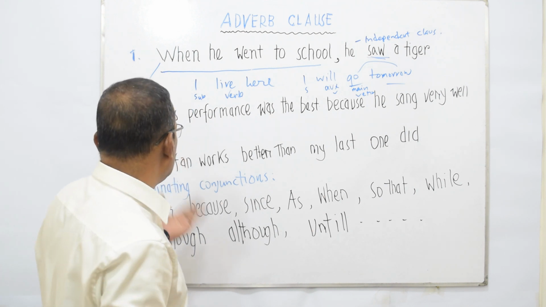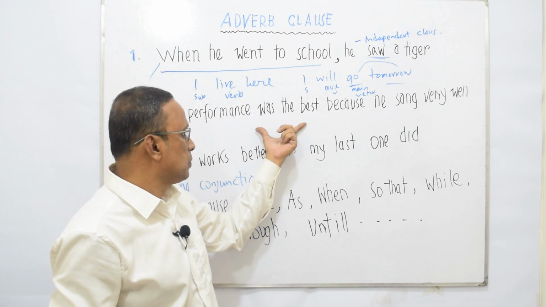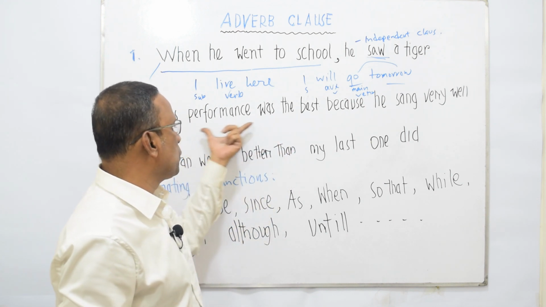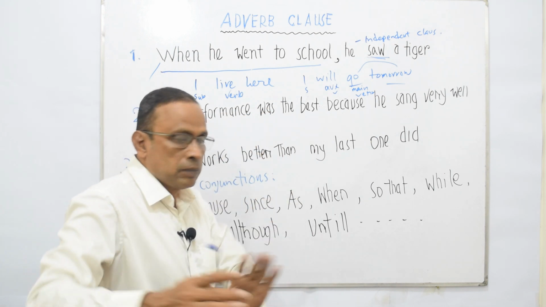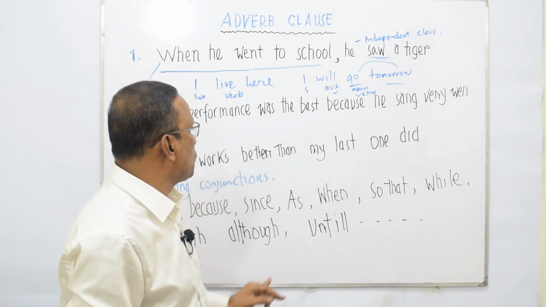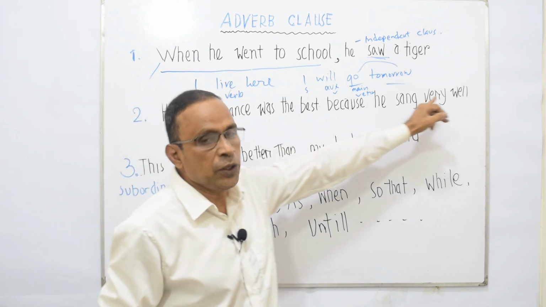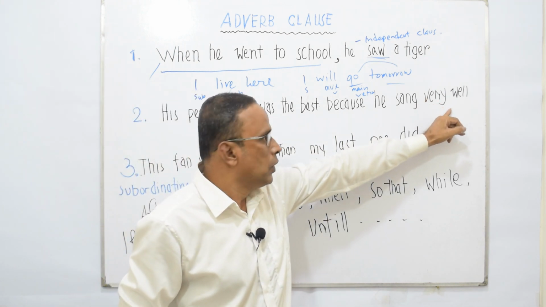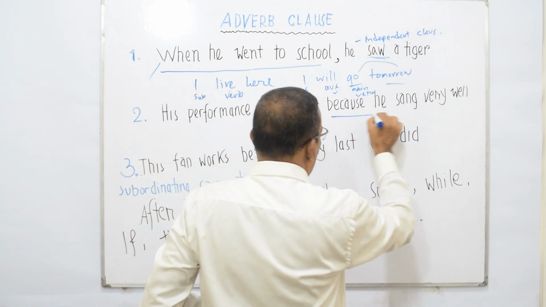So look at sentence number 2. His performance was the best. In fact, nobody performed better than him. His performance was the best because he sang very well. This is the subordinate clause or dependent clause.